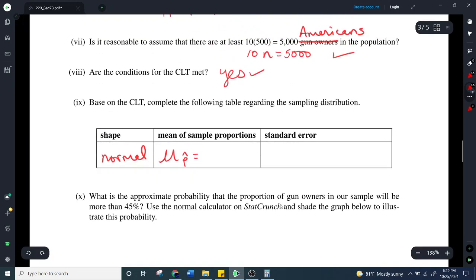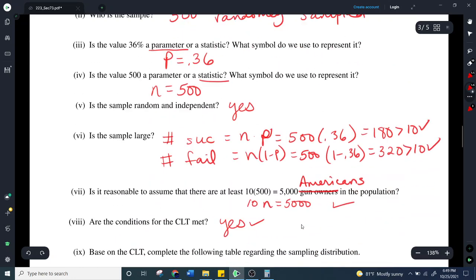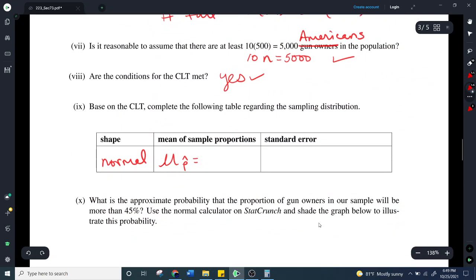The mean is going to be what we think is true for the original population. The original p, remember, was 36%. So that should be the same for my sampling distribution. Now, the standard deviation, sigma, is really my standard error, and that we have to compute. That's going to be the square root of p times 1 minus p divided by n, which was 500.